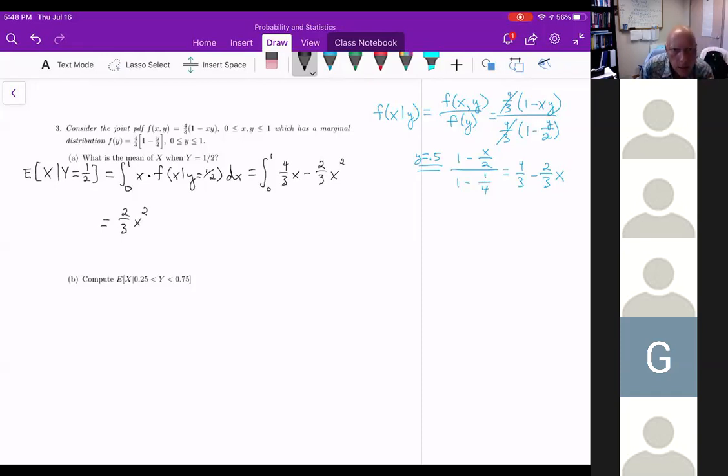I canceled out a 4 over a 2, or I minimized because of that. And then you have 2/9 x cubed that we are evaluating from 0 to 1. When it's 0, this is 0, so it's great. I just need to look at it when it's 1. And when it's 1, it's going to be 2/3 minus 2/9, which with a common denominator of 9 is going to be 6 minus 2, or 4/9.